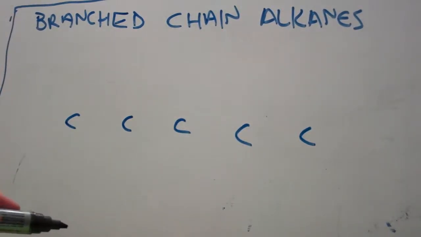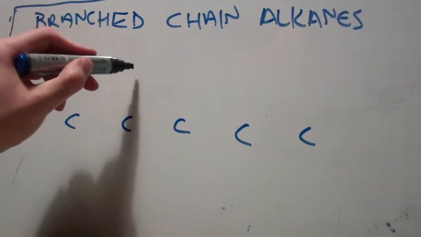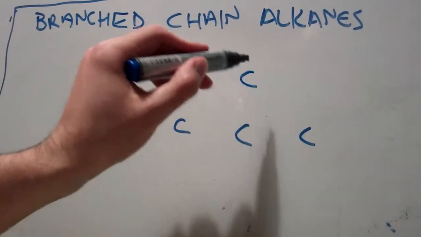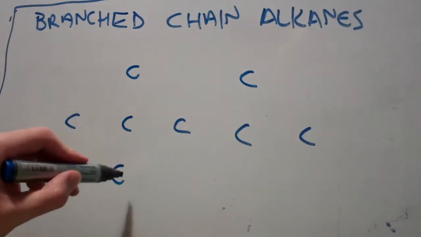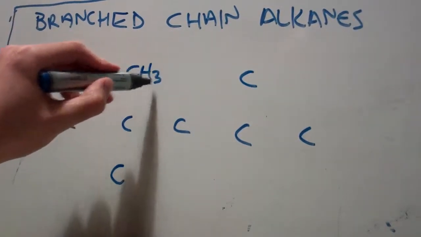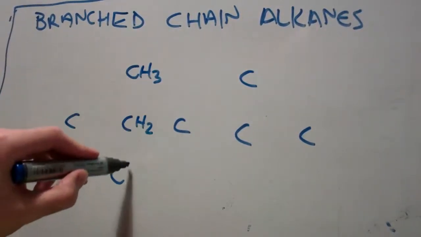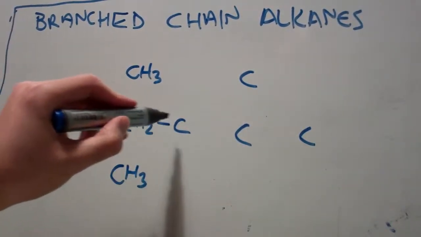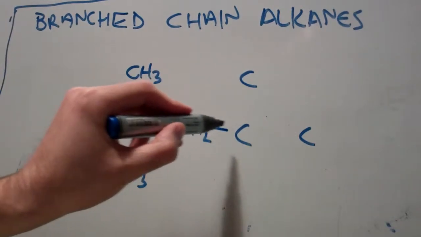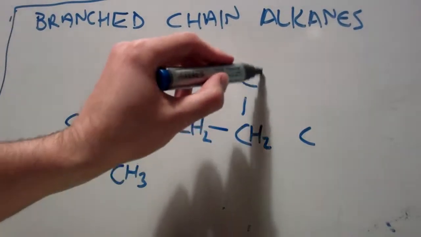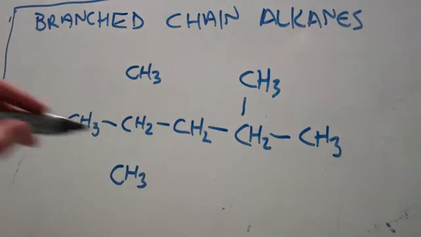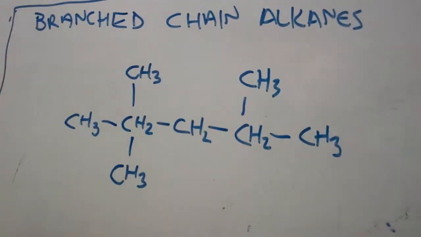I'm going to put another carbon here, a carbon here, and a carbon here, like this. Should put some ones here. Rightio, so the last one we're going to look at.